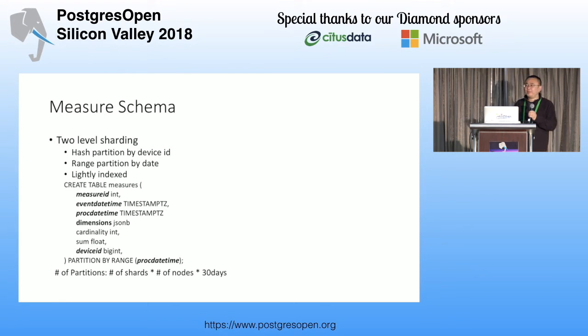One is the event timestamp, when the set of events generated this measure, and the process time is when this measure is fabricated. It also has a complex data type, like JSON, which stores tens, sometimes hundreds, of dimensions. And there are 2 metric columns. One is count, or call it cardinality on slice, and the other is value, which here I call sum.